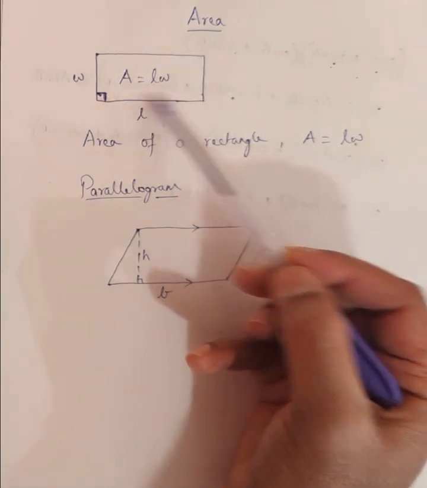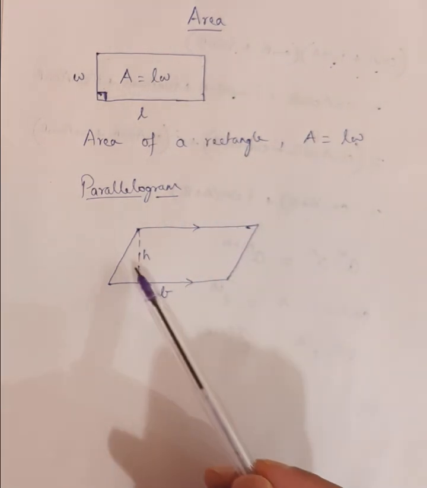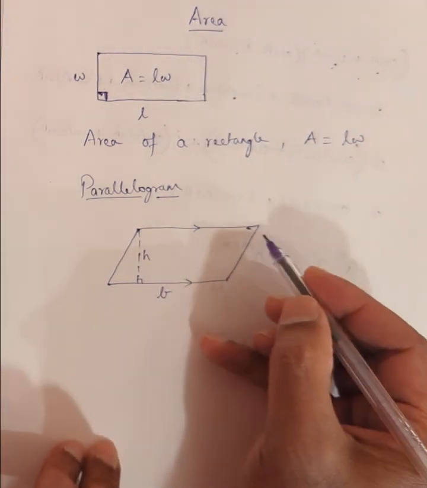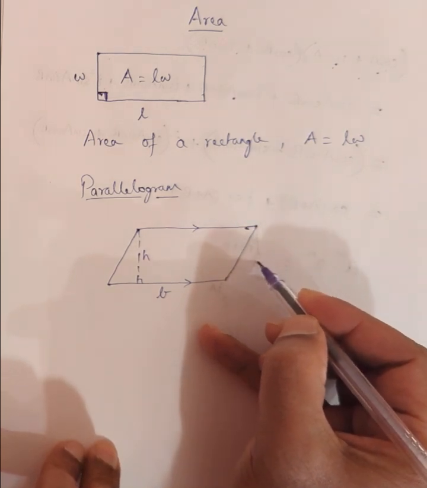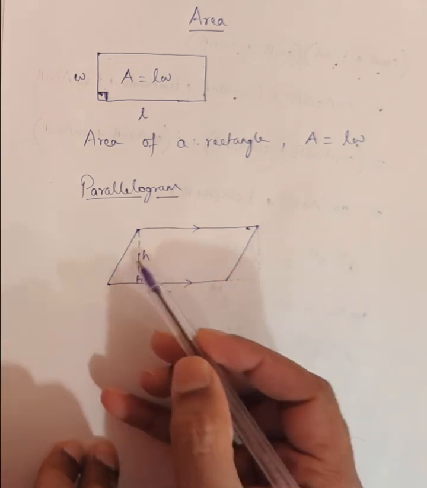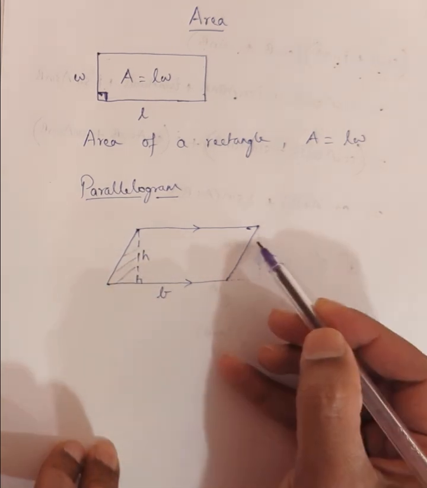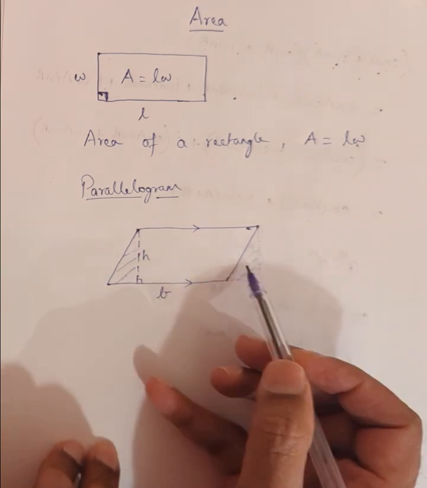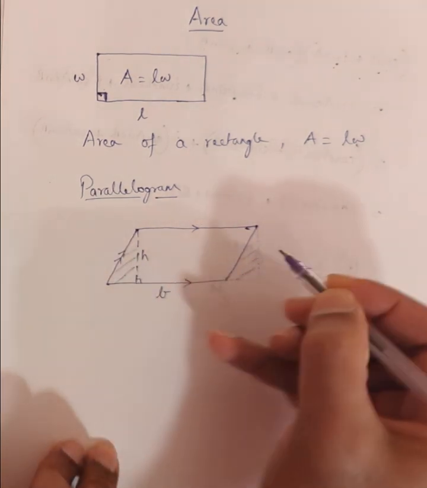Now, if you notice, area is nothing but the room inside. If this is like a playground, you want to know how much room you have to play. So, area is what's inside here. And notice that if I were to imagine cutting this piece and putting it here, these two are going to be congruent pieces because of the way a parallelogram is.